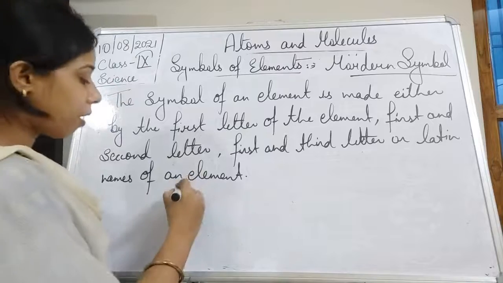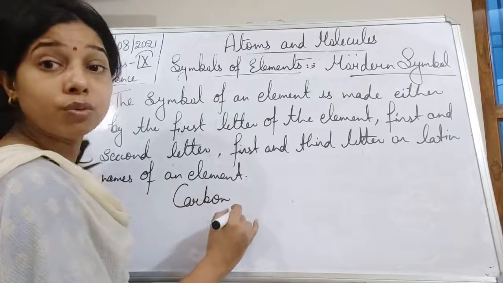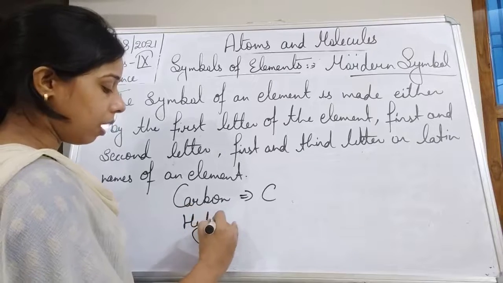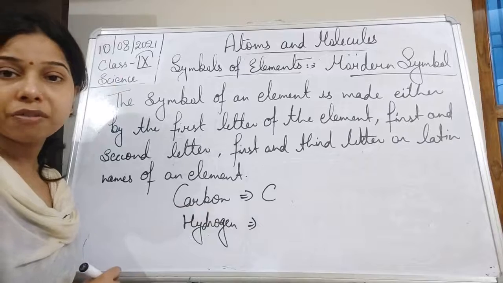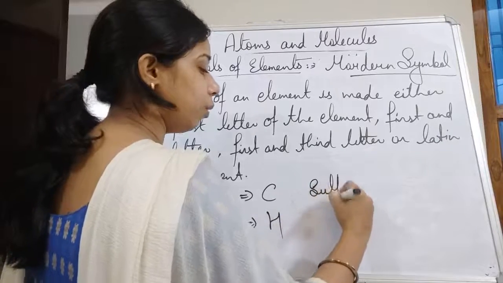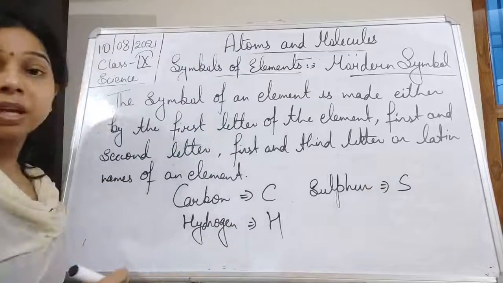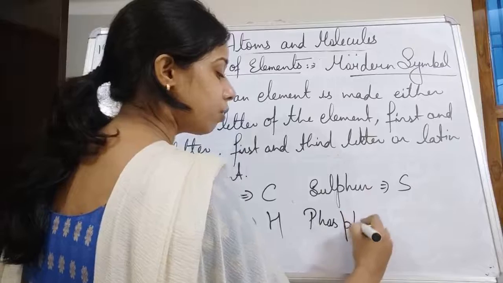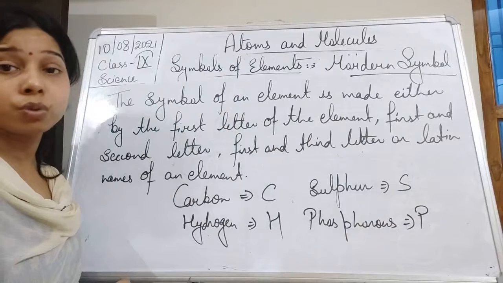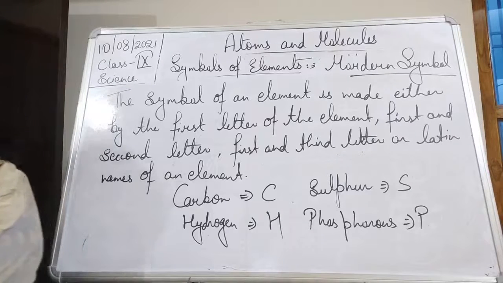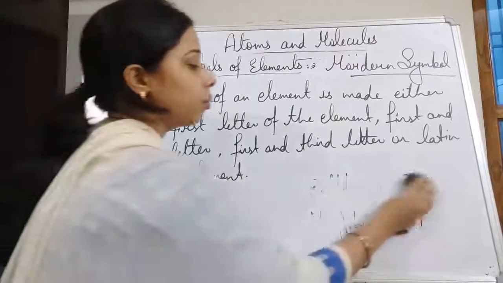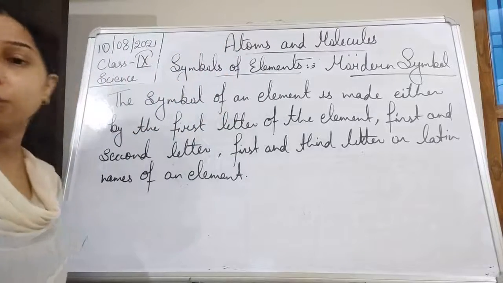Like in case of carbon, students, we use the first letter and that is C. In case of hydrogen, again we take the first letter of the element, that is H. In case of sulfur, we use the first letter, that is S. In case of phosphorus, we use the first letter, that is P. Like that, many of them are there in which we take the first letter of the element.